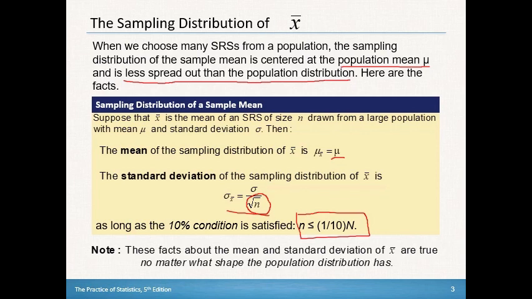So often we're going to be able to determine that our sampling distribution is normal. But even when our sampling distribution is not normal, and we'll see when it is and when it isn't as we go through this section, even when it's not normal, the mean of the sampling distribution will still be mu, the population mean, and the standard deviation of the sampling distribution will still be the population standard deviation divided by the square root of n. So regardless of whether or not the sampling distribution is normal, these two formulas are still true.